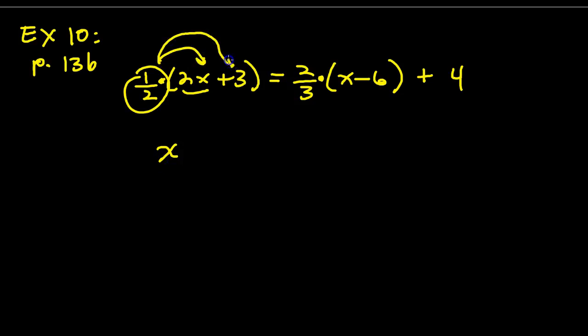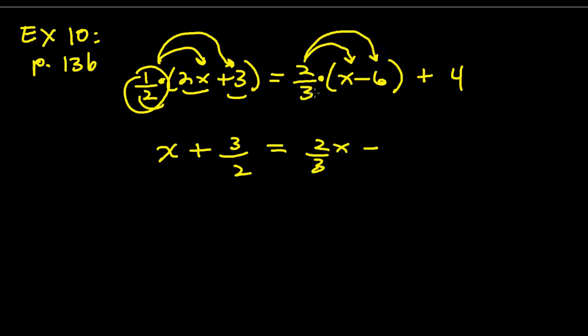Recall you've got to use your distributive law here, and 1/2 times 3 is going to be 3/2. So on the left-hand side, we'll have x plus 3/2. On the right, similarly, 2/3 times x is 2/3 x, minus 2/3 times 6. Well, of course, the 3 will cross-cancel into the 6 twice, and 2 times 2 is going to be 4.